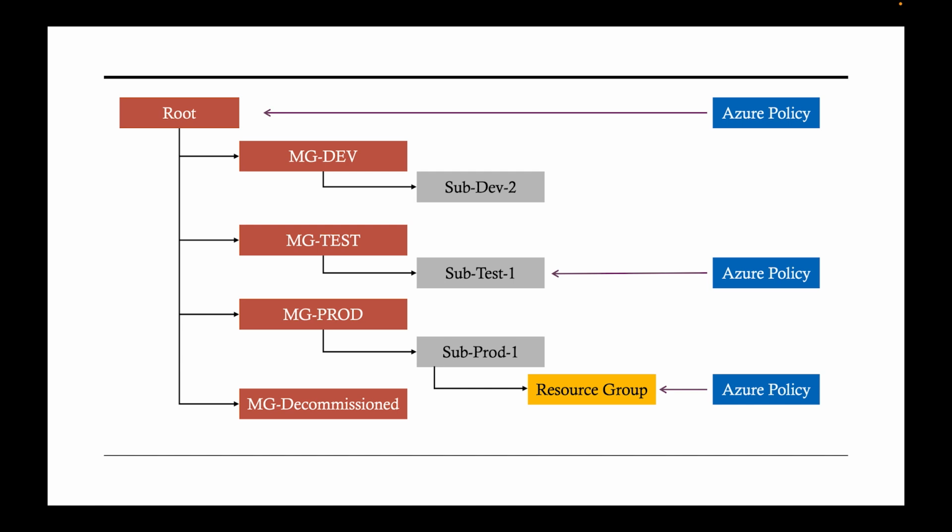Now, if we go a little further down, the second Azure policy points to sub-test 1. That is an Azure policy specific to that subscription. You can have a policy for a specific landing zone because you may say, I need more governance, or I need to allow something a little bit different over here.